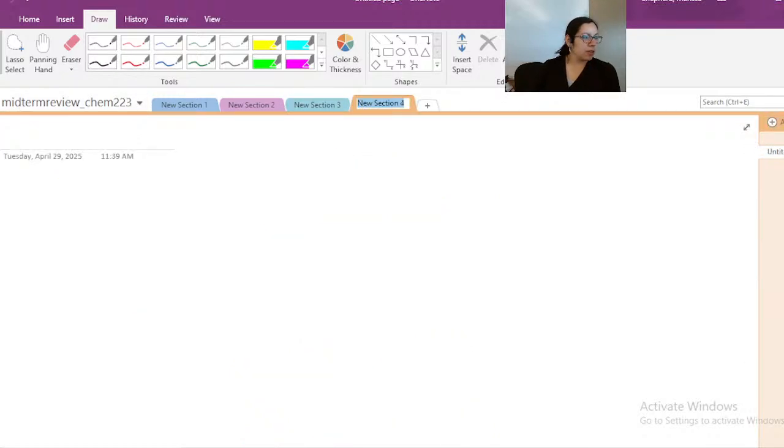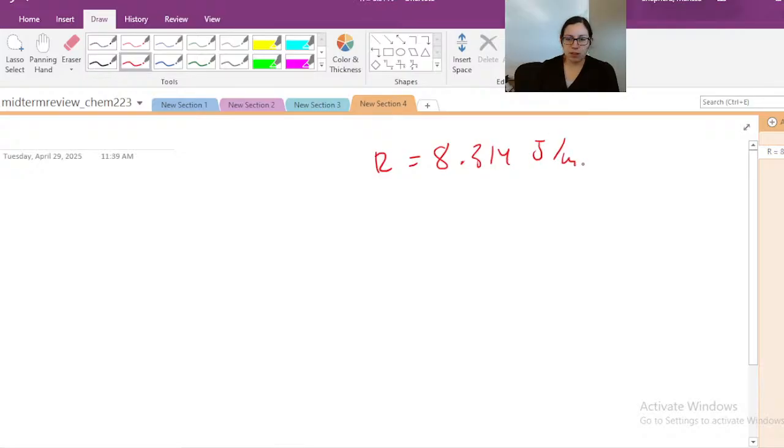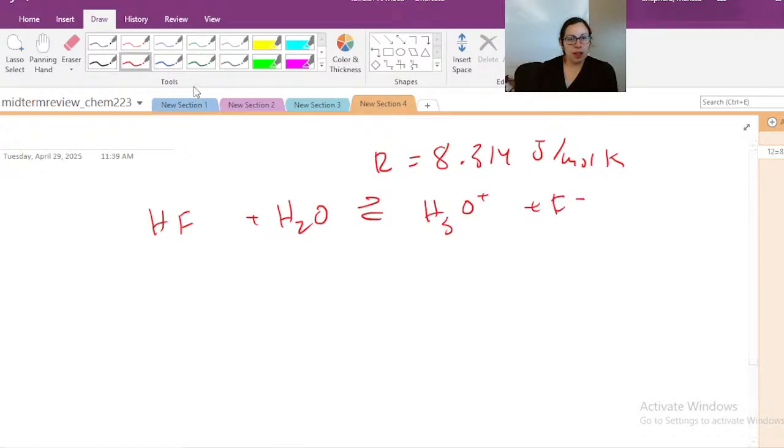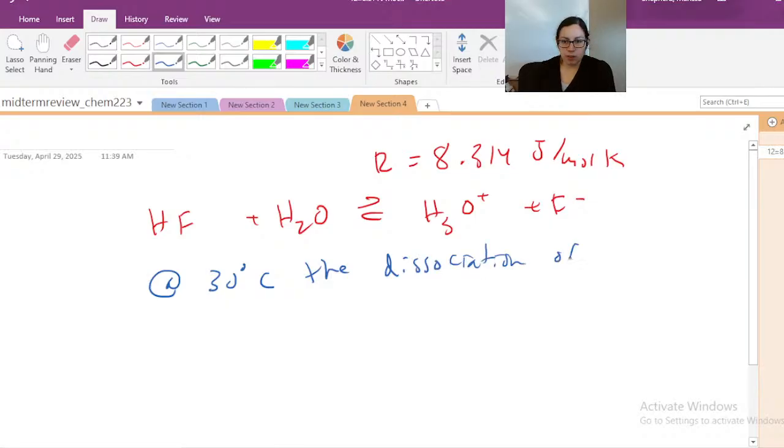Let's try another type of problem. So we have our R equals 8.314. I'll give that. That's our standard. And we're looking at this equation. Oops. So the dissociation of HF, and so it says at 30 degrees Celsius, the dissociation of HF is 5.7 times 10 to the negative fourth.